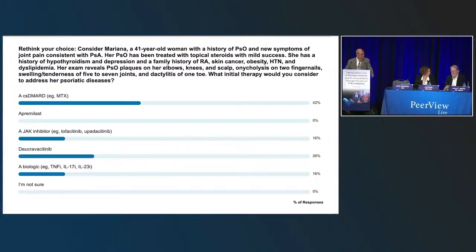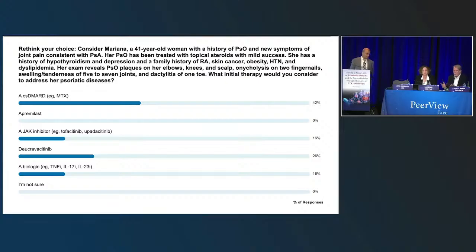I'm intrigued that not more people would have chosen either the biologic option, and I think once Deucra becomes available in PsA, or even used now in psoriasis, it would be an option. What is true is that we in the US are not allowed to start a standard JAK inhibitor like tofacitinib or upadacitinib until the patient has already been on a TNF inhibitor.